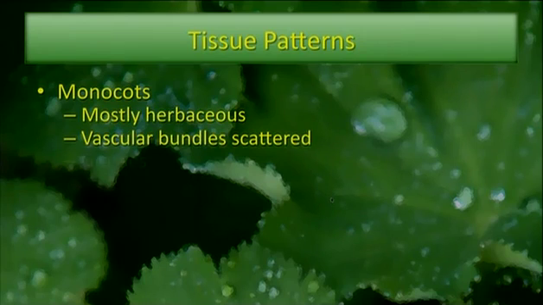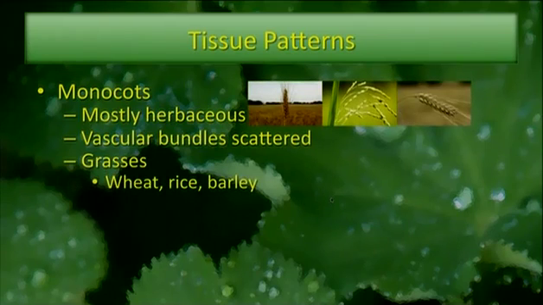Grasses such as wheat, rice, and barley have intercalary meristems at the bases of the internodes.